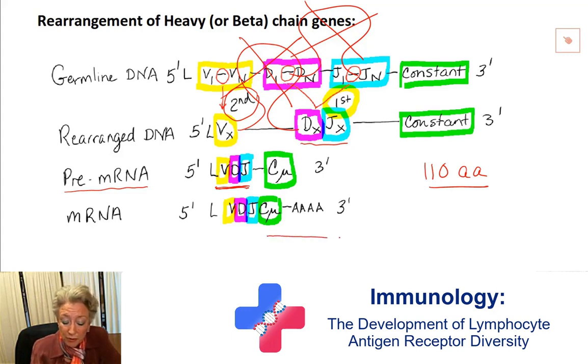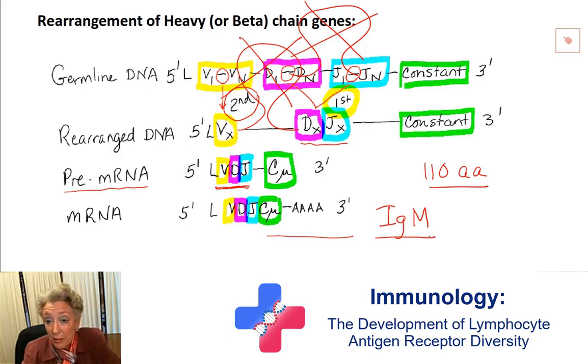Now, downstream from that, as we'll talk more about later, we have in sequence the constant domains. And the first one after the coding for VDJ, the idiotype, is going to be the constant for mu. So by definition, the first heavy chain I'm going to make is that of IgM.